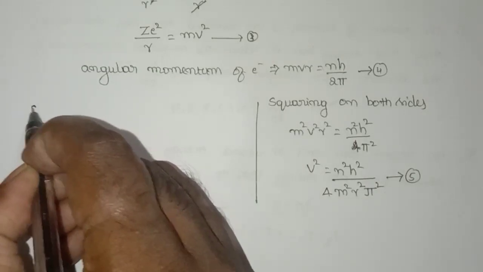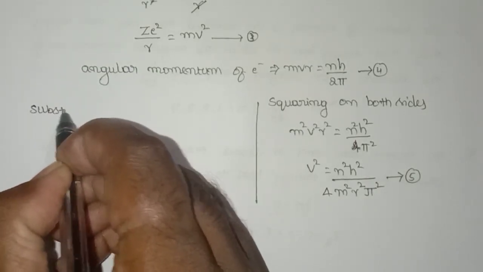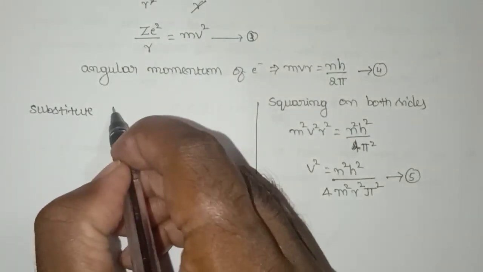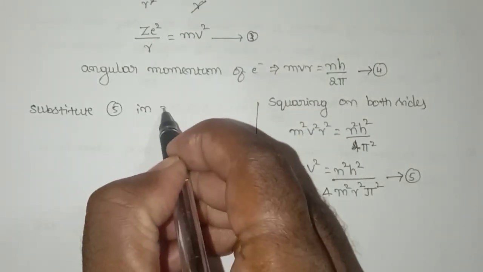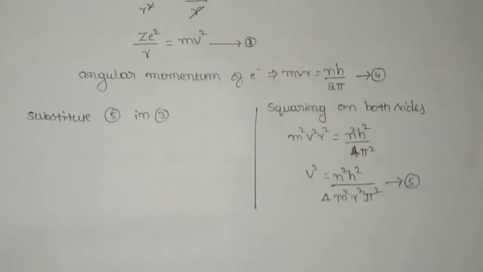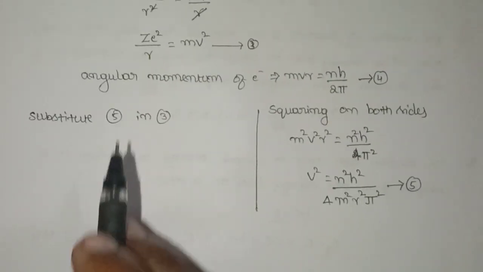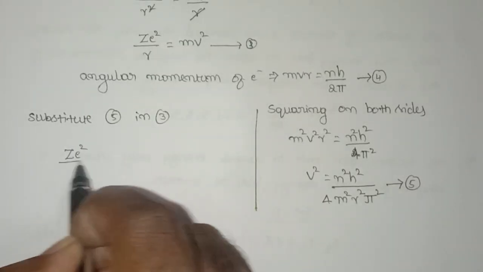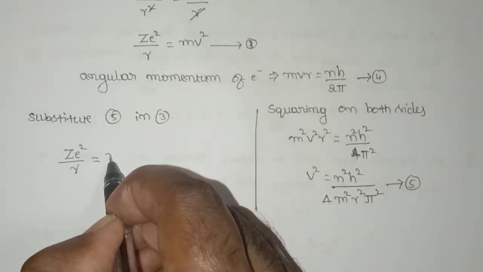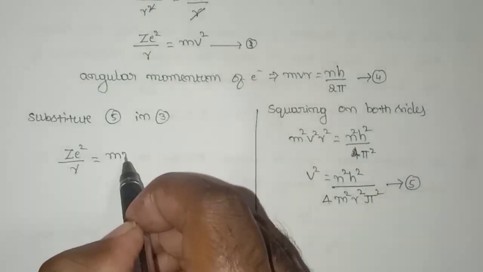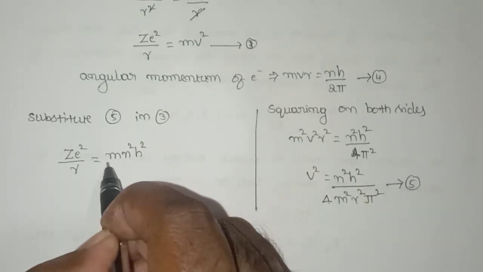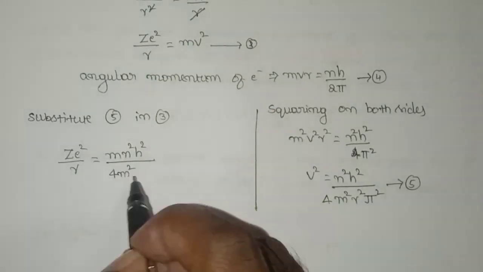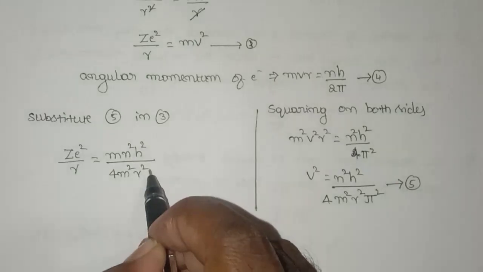Substitute 5 in 3. So on substituting, the equation turns into Ze square by r equals m into n square h square by 4 m square r square pi square.